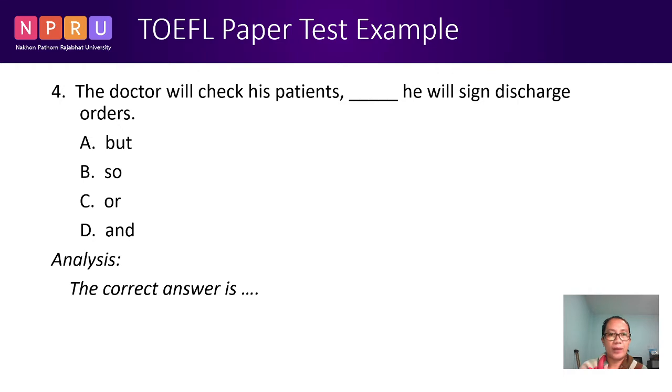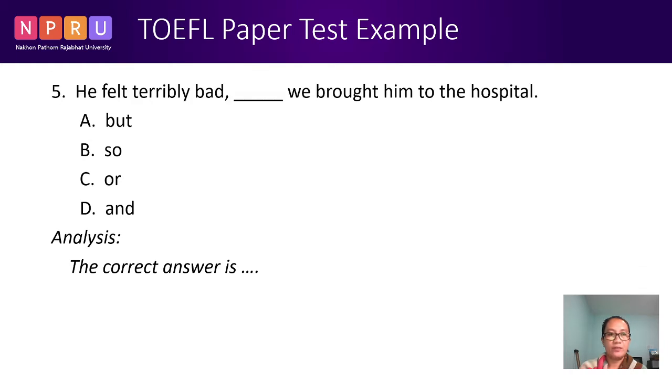Okay, fourth item, or item number 4. The doctor will check his patients, comma, blank, he will sign discharge orders. A, but. B, so. C, or. D, and. Fifth item, or item number 5. He felt terribly bad, comma, blank, we brought him to the hospital. A, but. B, so. C, or. D, and. So you have to answer that.